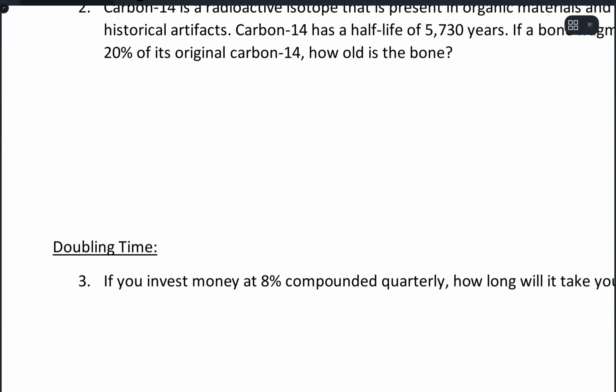For this one, it has its own formula too: y equals a times, and for our growth factor to double, we would use a value of 2. And then for the exponent, we'll have x over, and I used h up above, let's use d here, where d represents the double time, how long it takes to double.